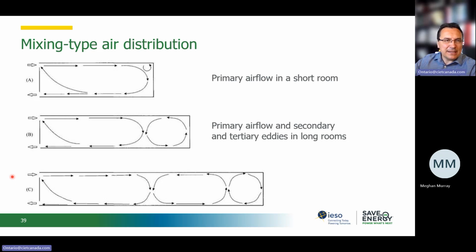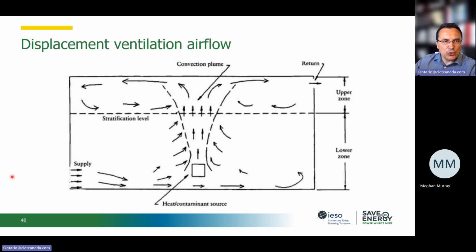Now, a better way to control the concentration distribution would be using displacement ventilation. In this case, we try to actually avoid or reduce the mixing so that we can direct the contaminant, in this case, heat or another contaminant source, to the space where we use for exhausting the air.